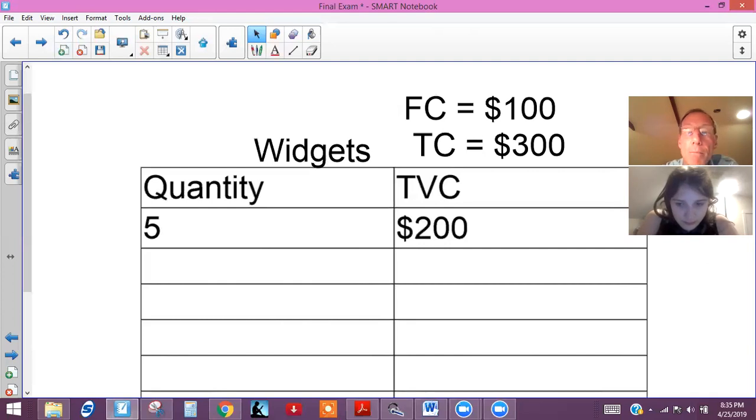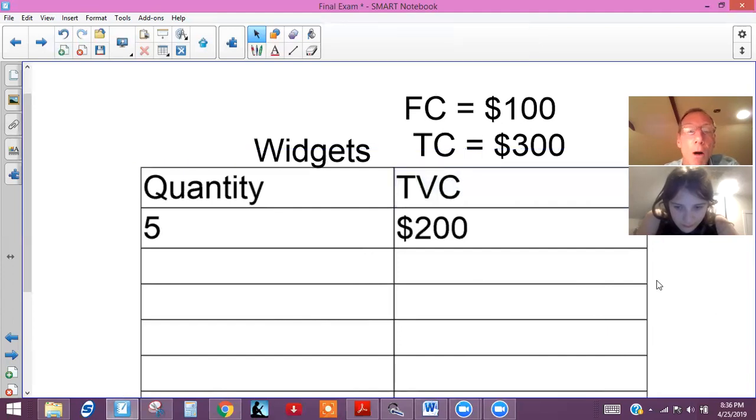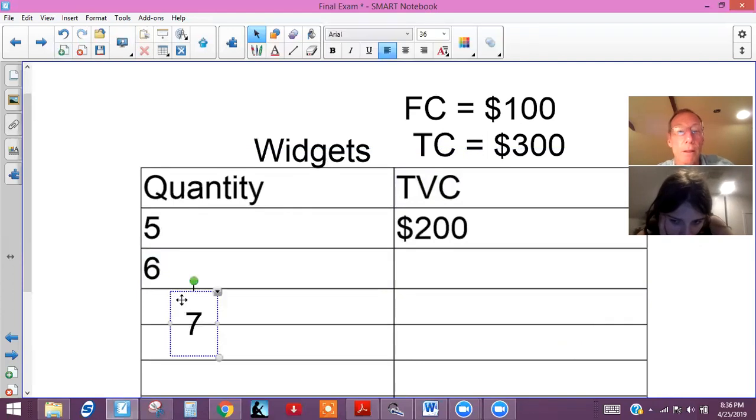Just be aware, don't get confused. Total variable cost is not the average. Now the other part of this is you're going to want to be able to figure out the marginal cost of, say, this is 6 and this is 7.